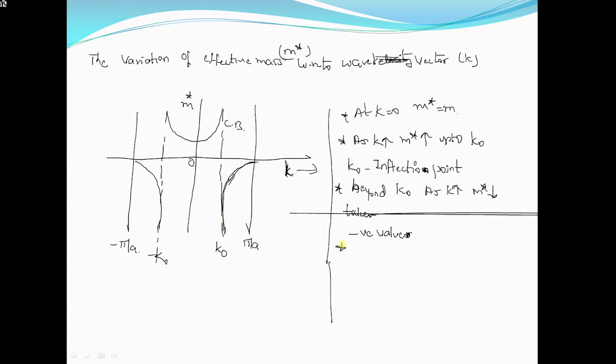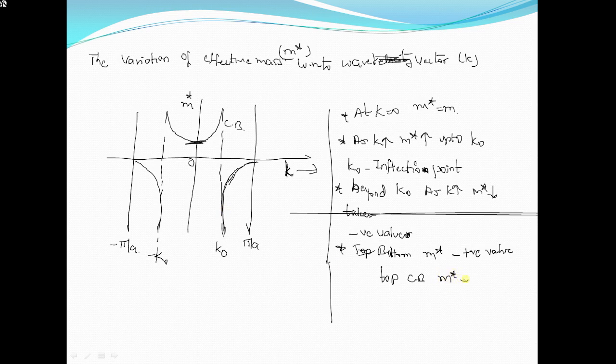So at the bottom of the conduction band, effective mass is taking positive value. As I am reaching the top of the conduction band, it is shifting towards negative.